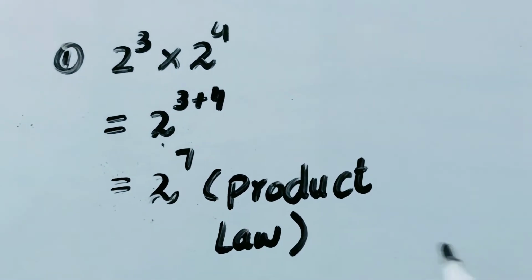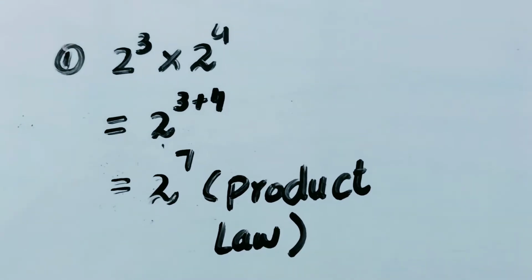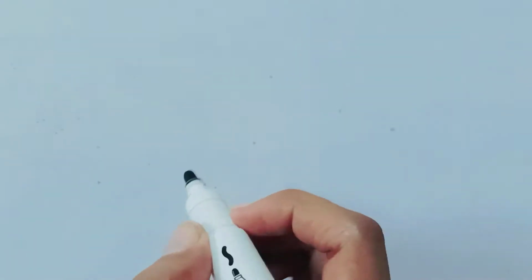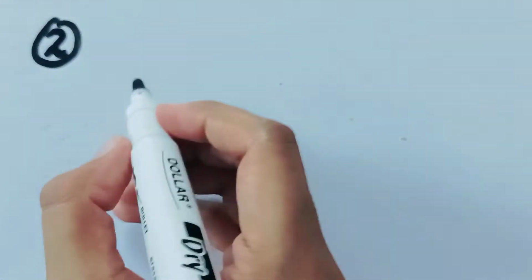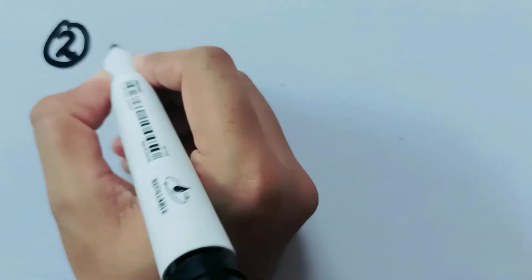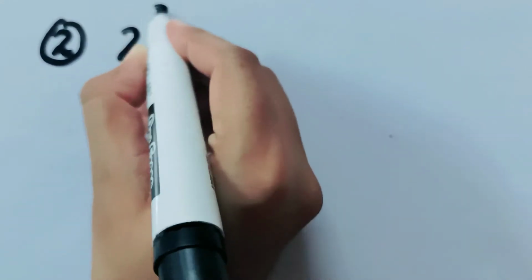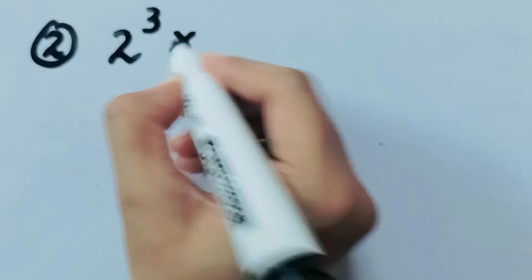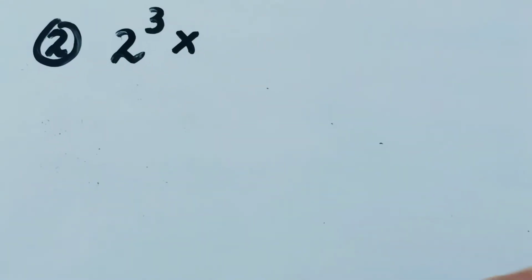In the other case, if we have different bases, then what will happen? Let's see. If we have different bases, it is our second law of exponents. For example, 2 raised to power 3, and we are going to multiply it with another term that has a different base.